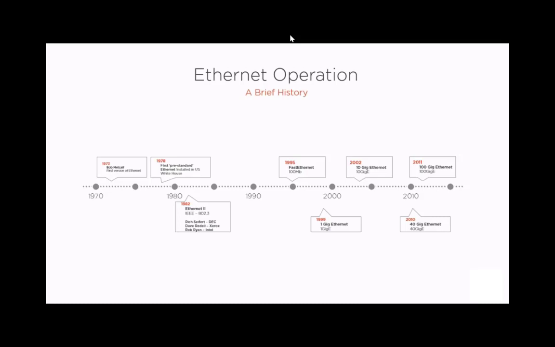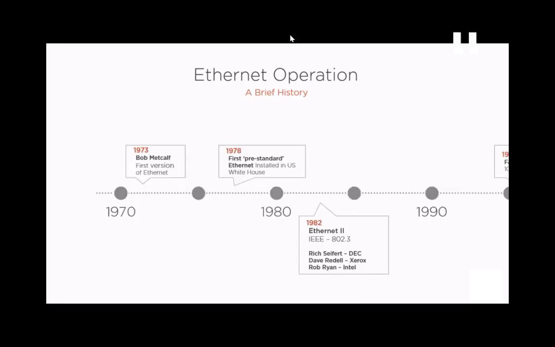Now I will cover Ethernet operation: a brief history, when Ethernet was formed, how it changed, and what the governing bodies are. Basically Ethernet was formed in 1973 by Bob Metcalfe. This is called the first Ethernet, but it is not a true Ethernet. The true Ethernet was formed in 1982 by three companies: DEC, Xerox and Intel.